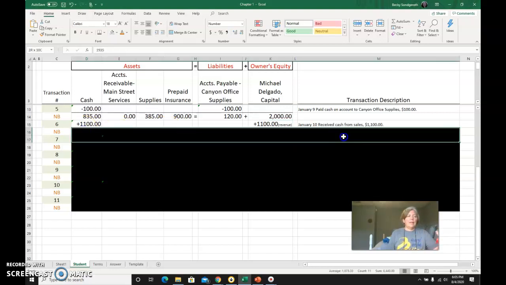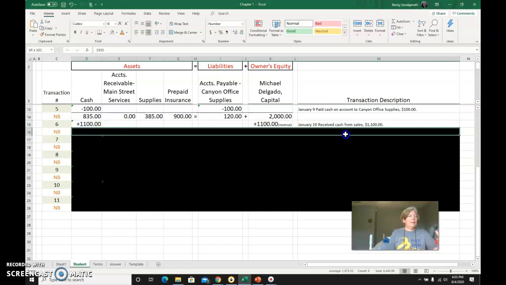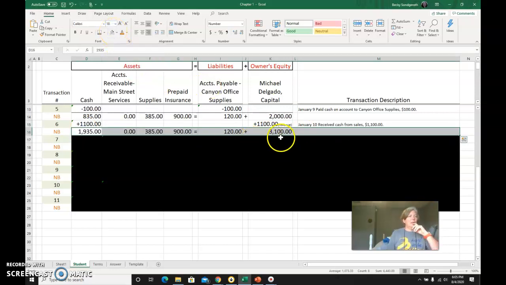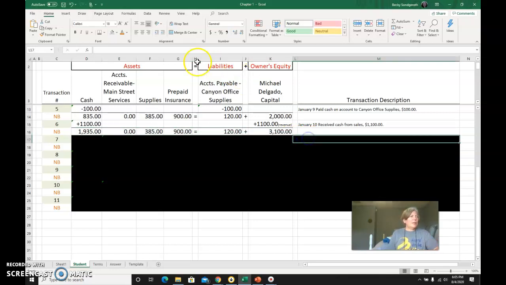So then the last step I'll do is calculate the new balances and make sure that I'm still equal. So if I add the left side, I get 3,220. And if I add the right side, I get 3,220, and I'm still equal. So then I go to transaction number 7.